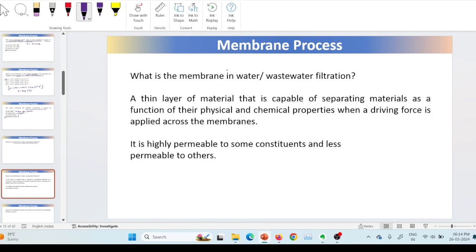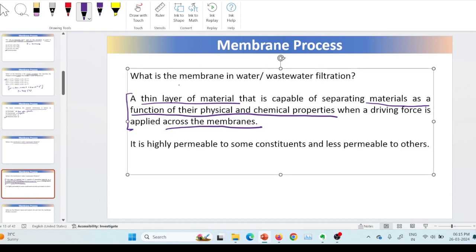Membrane is nothing but a thin layer of material that is capable of separating materials as a function of their physical and chemical properties when a driving force is applied across the membrane.